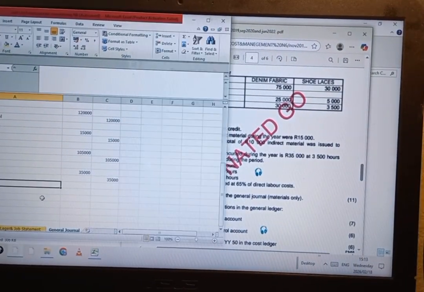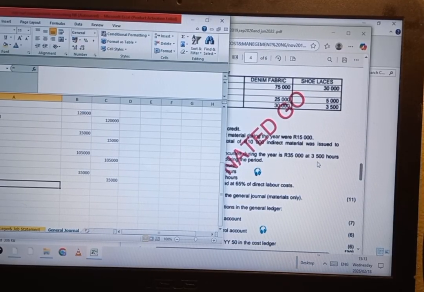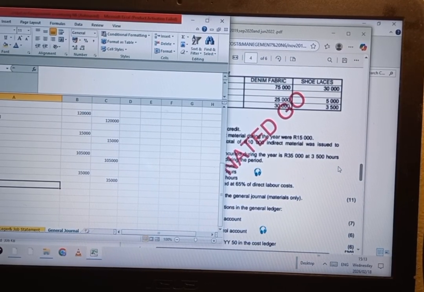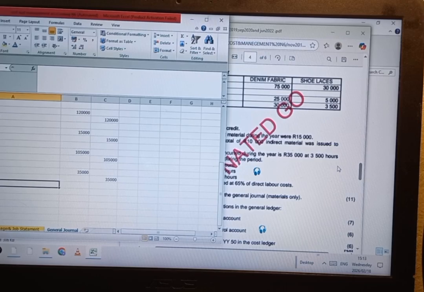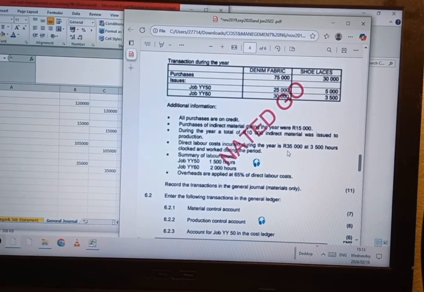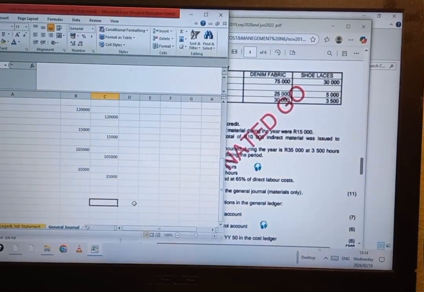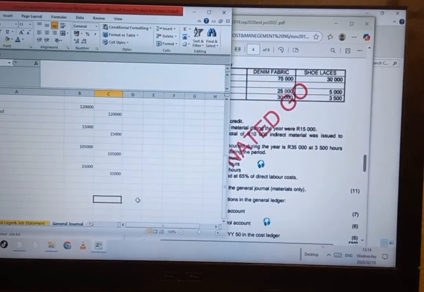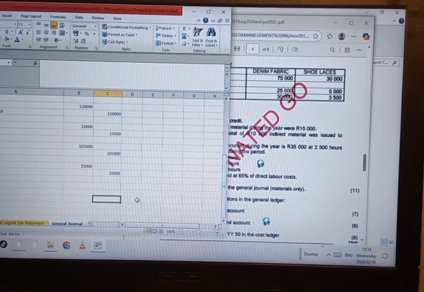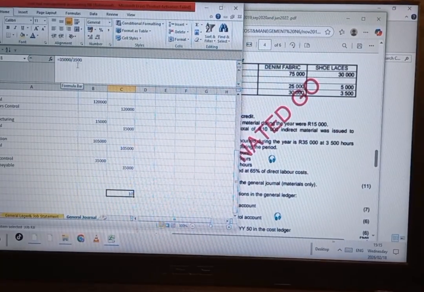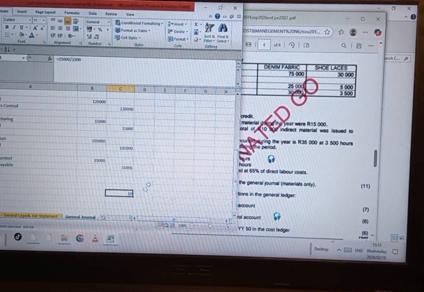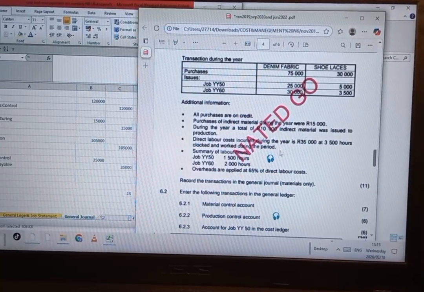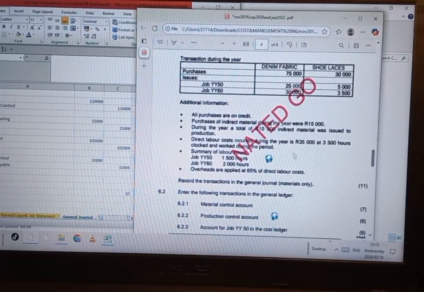Oh, guys, please don't make the mistake of taking this 3,500 hours, because it's hours. We need the amount. And also, guys, let's say we were not given the 35,000. If the total labor cost was not given, you needed to calculate it, but we would be given the rate. 35,000 divided by 3,500 hours worked is 10, meaning here we would be given 10 rand per hour.